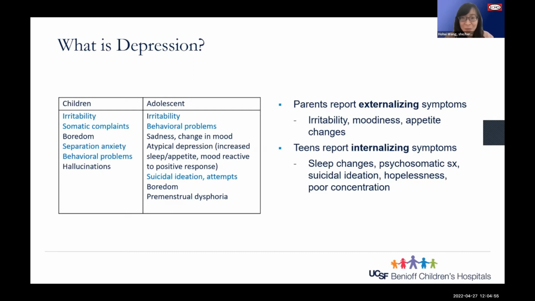Parents can complain about bad behaviors, while the teenagers and children can report something quite different, saying it's really difficult to be motivated, it's really difficult to get up in the morning and do work, it's really difficult for them to be excited about school. And then hopelessness, helplessness, usually parents would not be aware of that. So we really need to acquire those symptoms from the teenagers and children. Next slide, please.